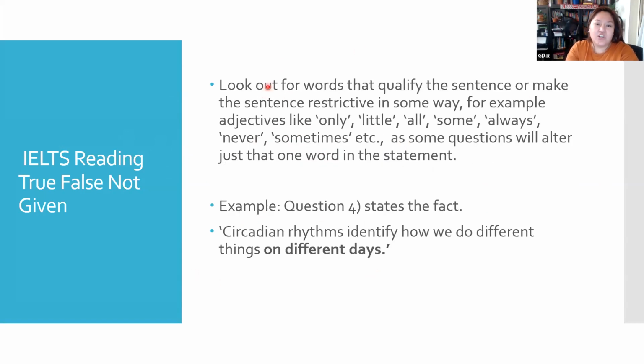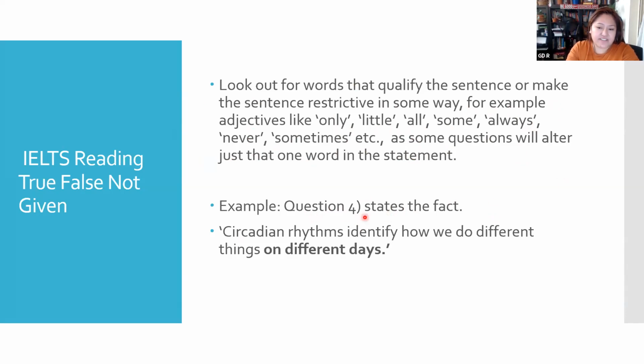Again, look out for words that qualify the sentence or make the sentence restrictive in some way. So for example, adjectives like only, little, all, some, always, never, or sometimes. Look out for these words because sometimes some questions will alter the meaning of the statement. So for example, this is the question number 4.